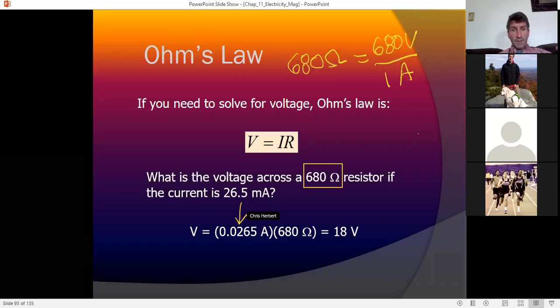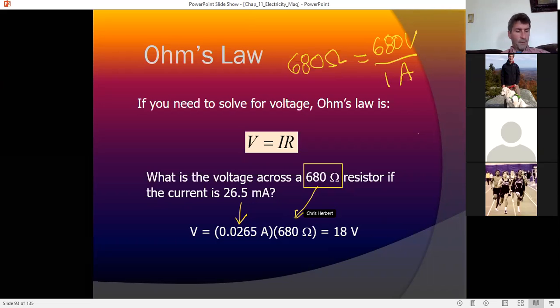Milli is 1/1000. So if I take 26.5 milliamps and divide by 1,000, I get 0.0265 amps. Now we're going to put in the resistance, 680.